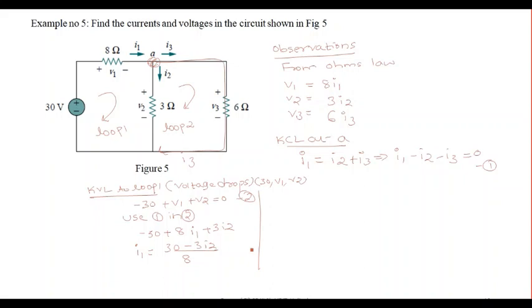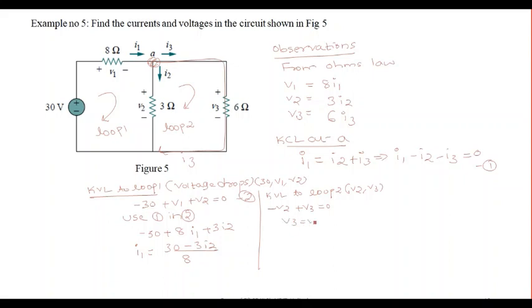Similarly, if we apply KVL to the second loop, which voltage drops do we have? We have only two voltage drops. Going clockwise, we have V2 and V3. So I can write minus V2 plus V3 equal to 0, or in other words V2 equal to V3.